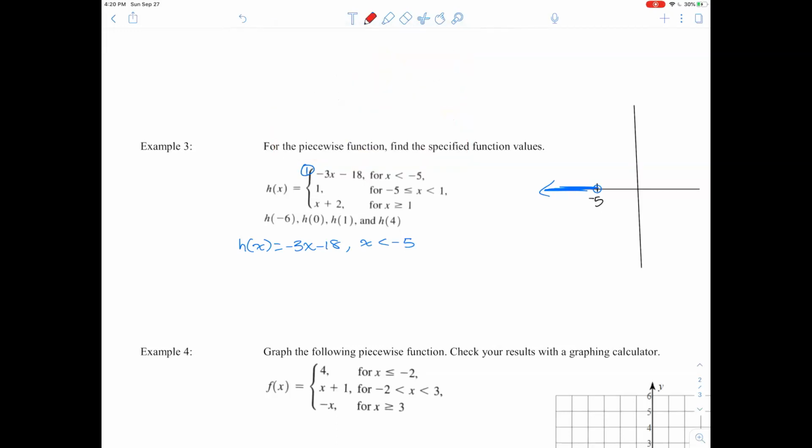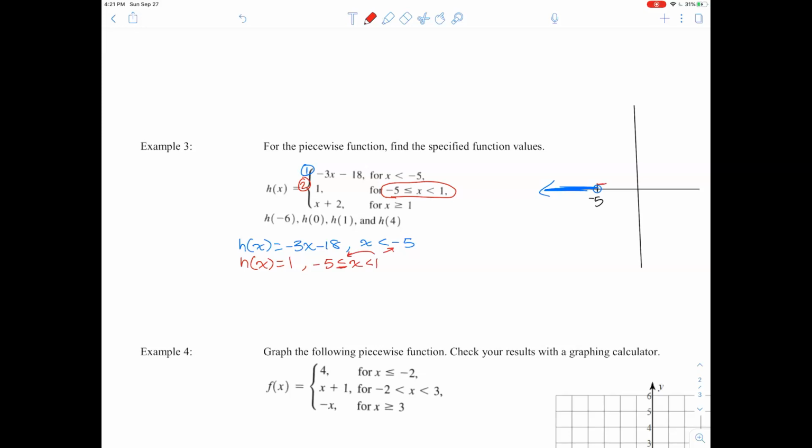And then let's take a look at this next function here. This looks like a constant function. So h of x is equal to 1 over this defined section of the domain, and that would be between -5 and 1, with -5 included. Notice that the -5 doesn't belong to the top function, it belongs to the second function because of the equal sign, and it's less than 1.